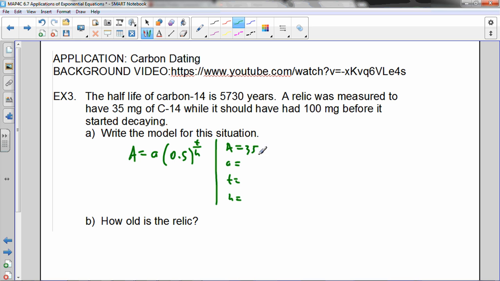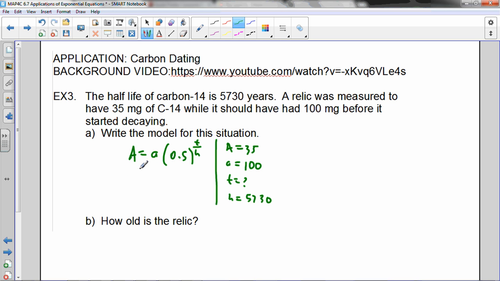It's the smaller number, the amount at the end, because it's decaying. Started at 100, ended up with 35. How old is the relic is what we're going to want to find. That's what we're finding down here for B. H is the half-life. That's a long time, right? These radioactive elements have a long time to decay, 5,730 years.